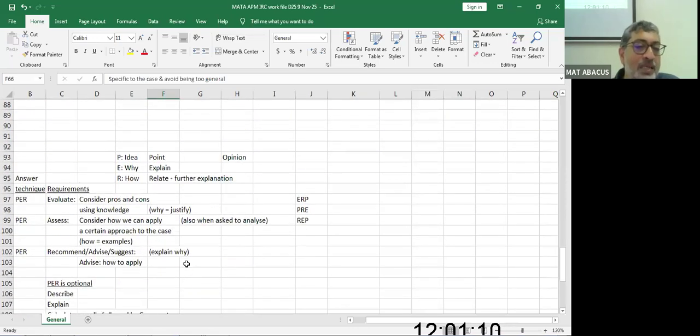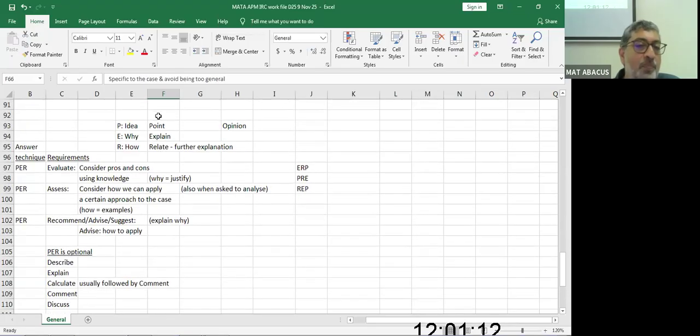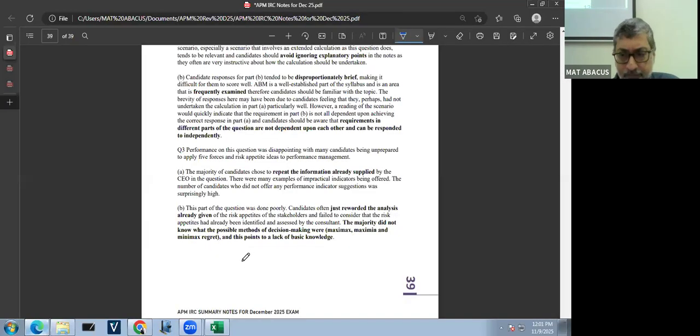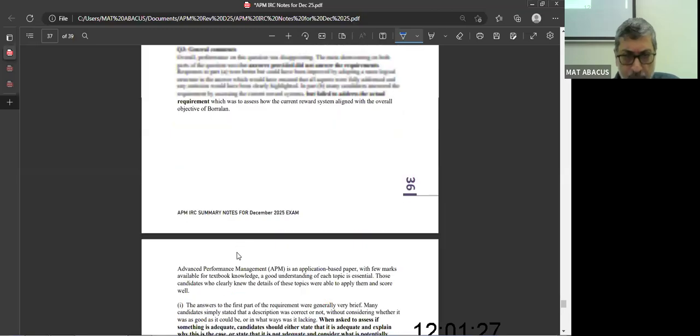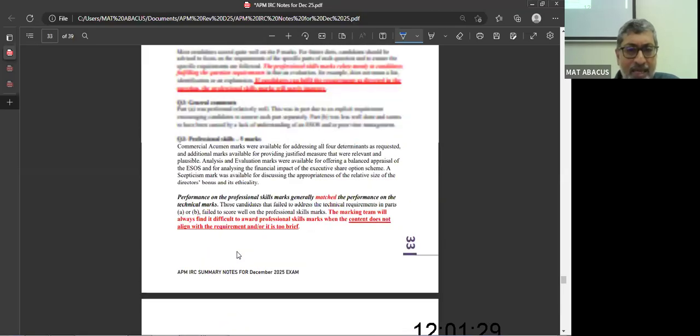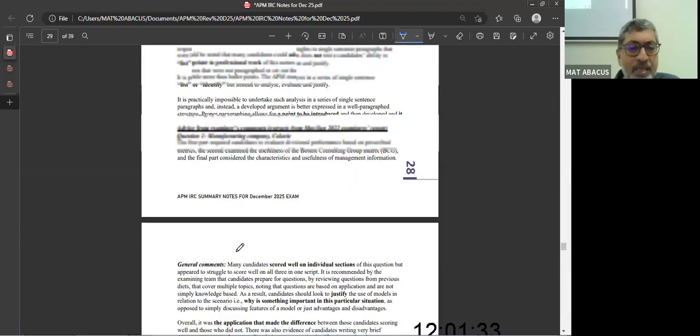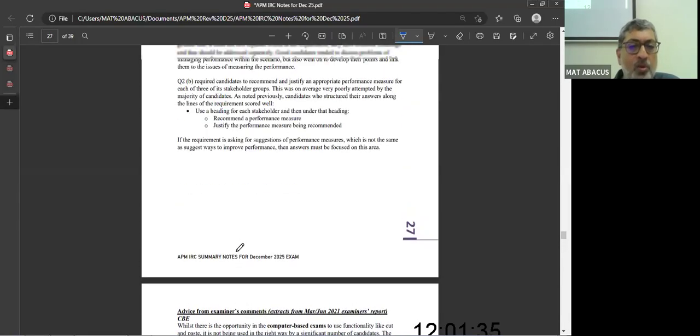So back to the PER. The PER means point, explain, relate, as we have seen just now. I changed the order of explain and relate, but if you see, even the examiner, when the examiner suggested this technique, the examiner actually put PEER, but it becomes too long.